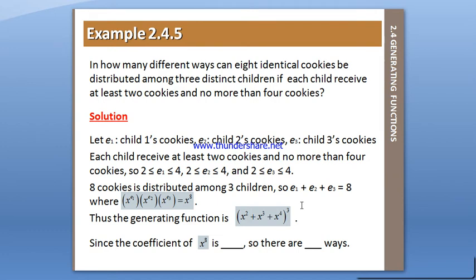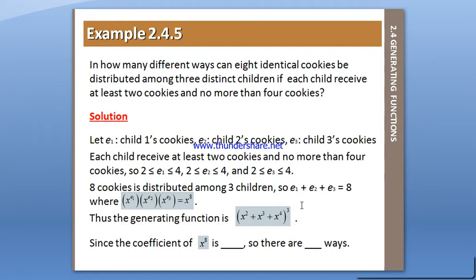In this problem, let us see in how many different ways 8 identical cookies can be distributed among 3 distinct children if each child receives at least 2 cookies and no more than 4 cookies. This is again a counting problem, finding r-combinations from the various given types of objects.